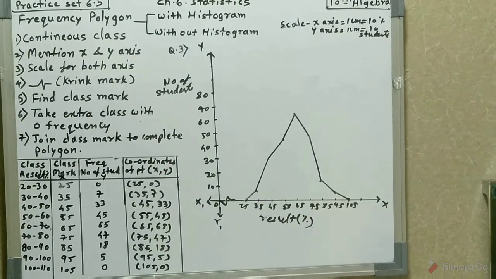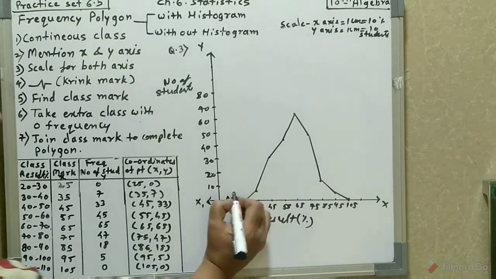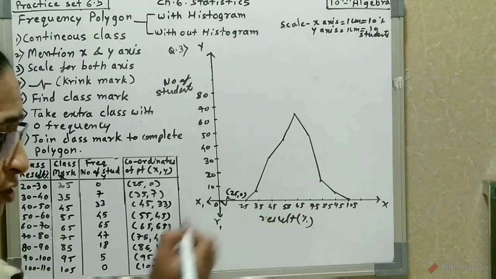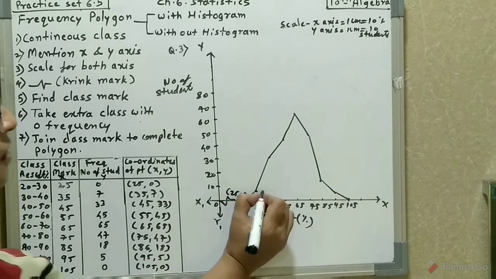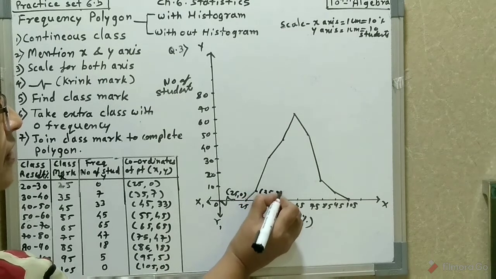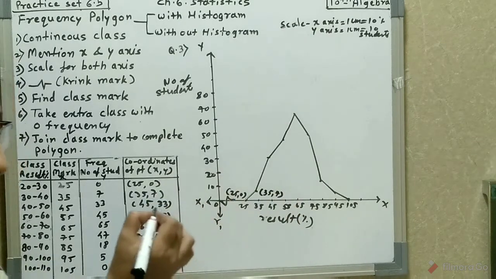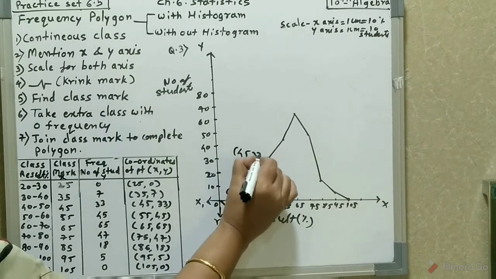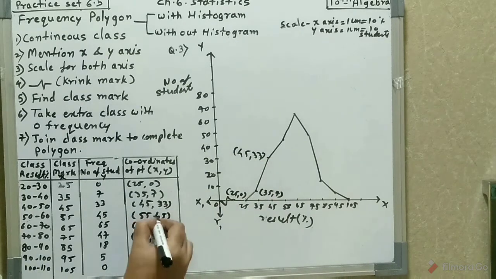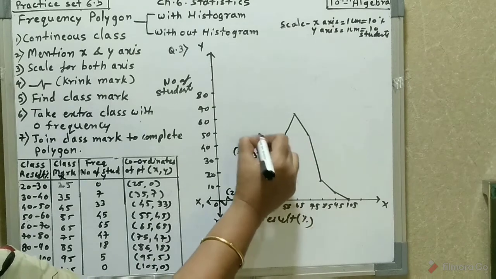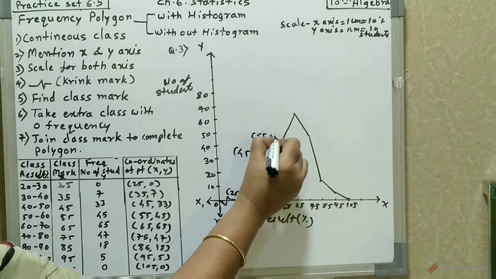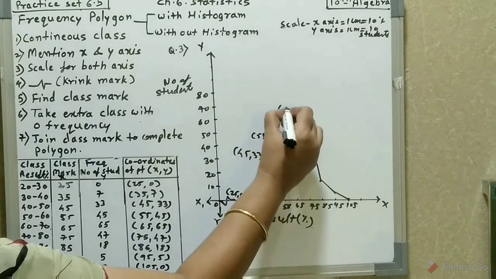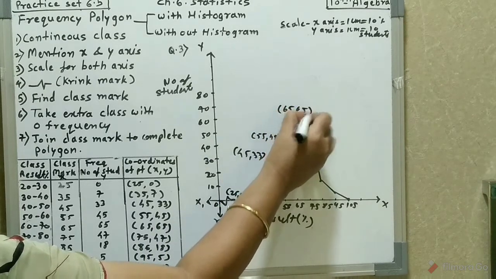Now we write the coordinates. Here the coordinate 25, 0. This point's coordinate is 35, 7. Then this point's coordinate 45, 33. Then 55, 45. Then 65, 65.